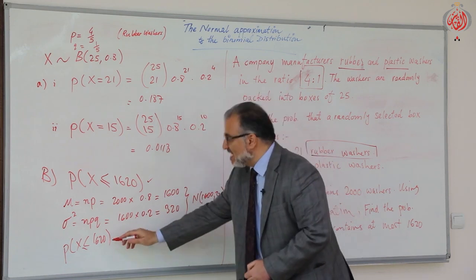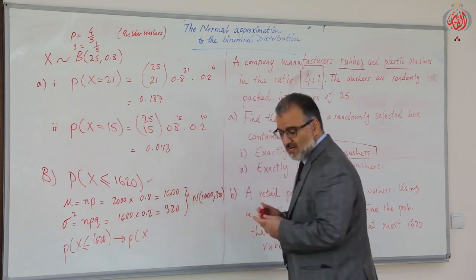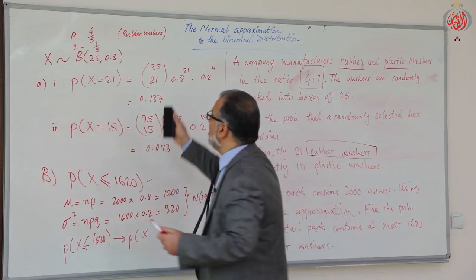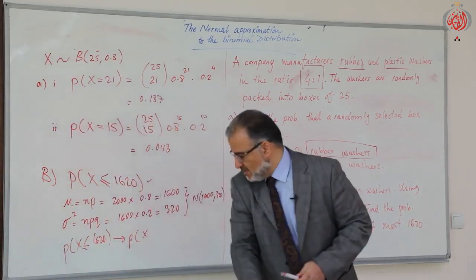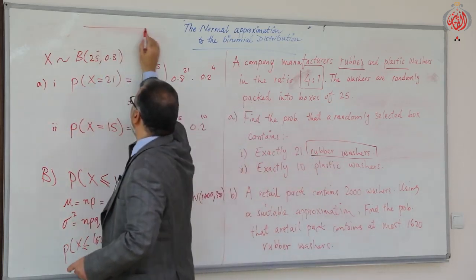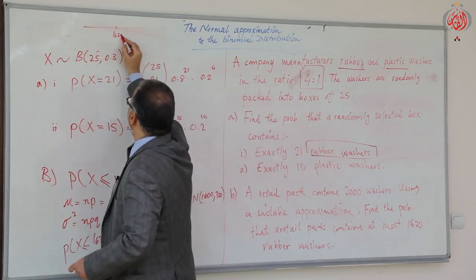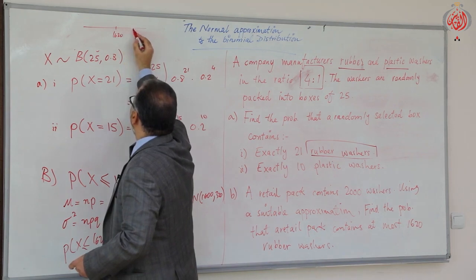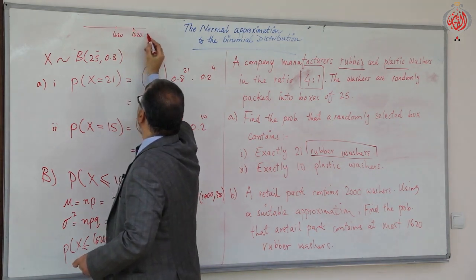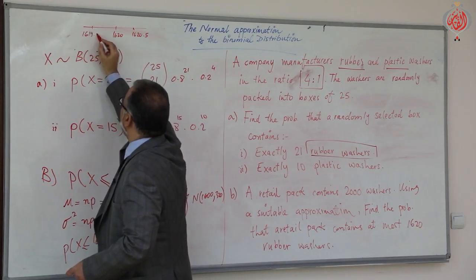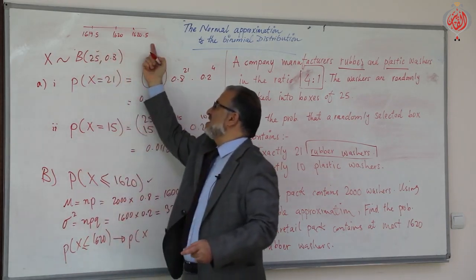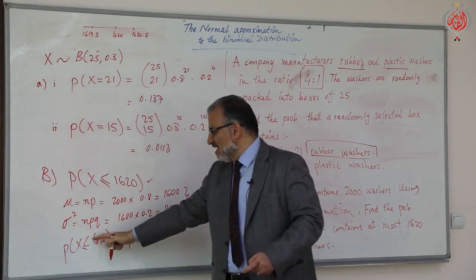So here, when I said less than, look here, I will show you. You have here the number line, 1,620. So add half, 1,620.5, or here 1,619.5. Now I have less than or equal.